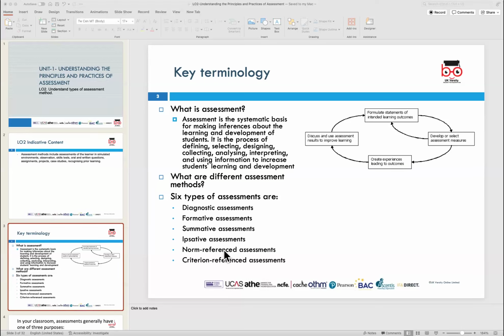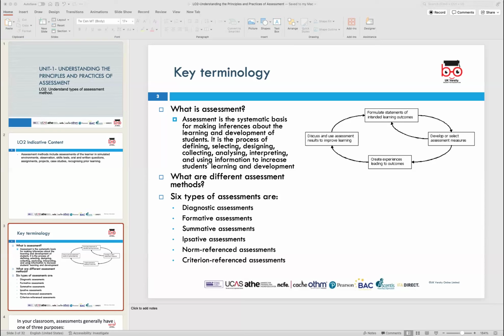Now, when we talk about norm referenced assessments, in simpler terms, norm referenced assessment tends to compare individual performance to a group.